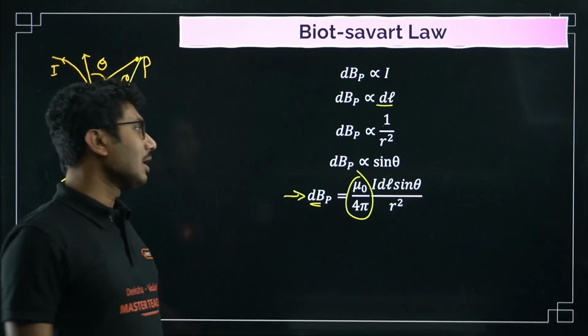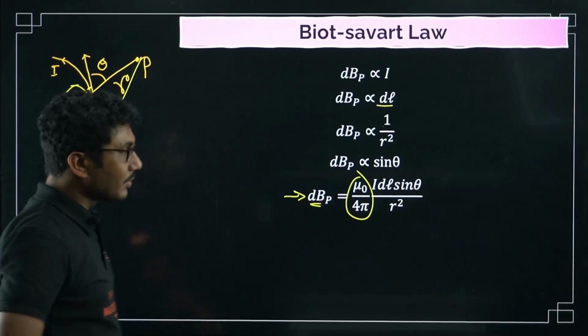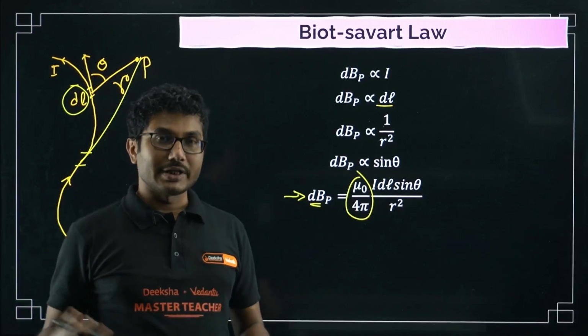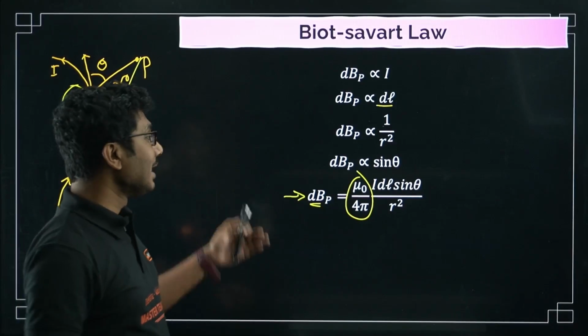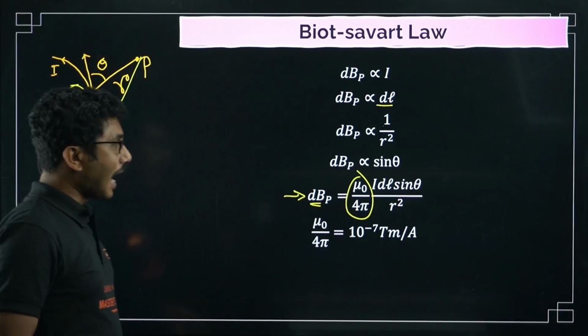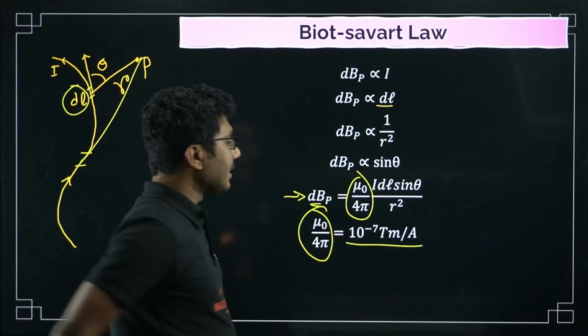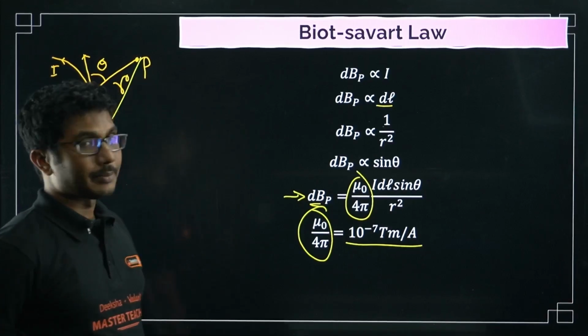To calculate the complete magnetic field, you have to integrate over the entire length of the wire. Based on the shape and size of the wire, the value of the total magnetic field will vary. Here mu naught by 4 pi is a constant, and in general it is 10 to the power of minus 7 Tesla meter per ampere.